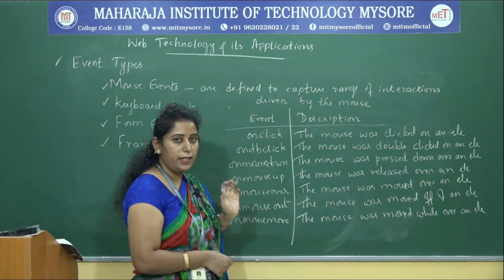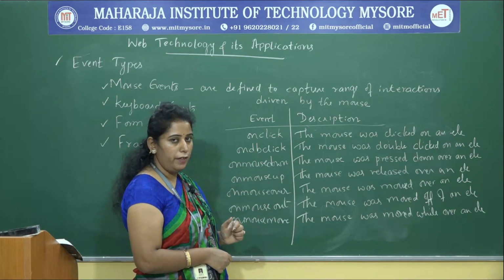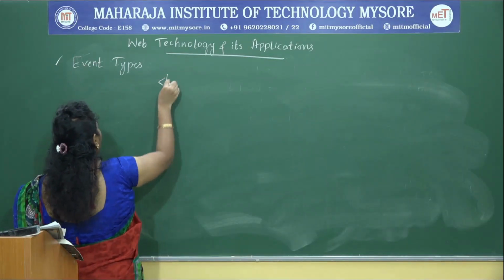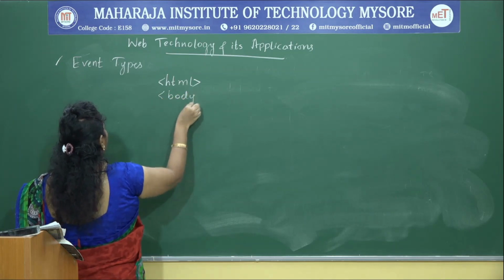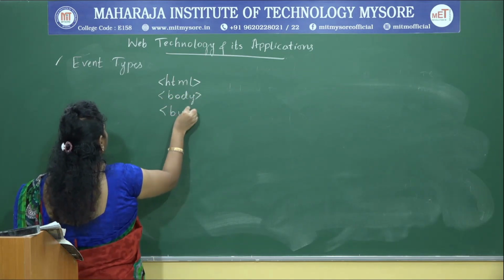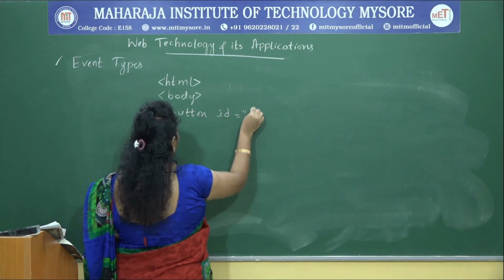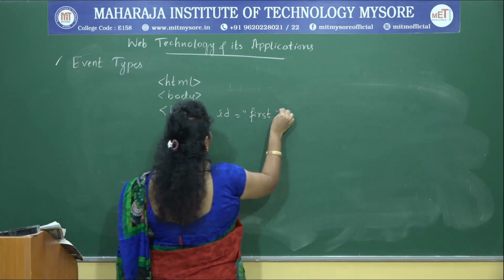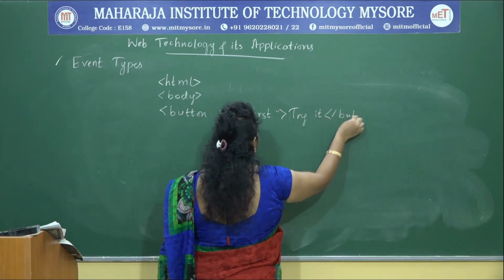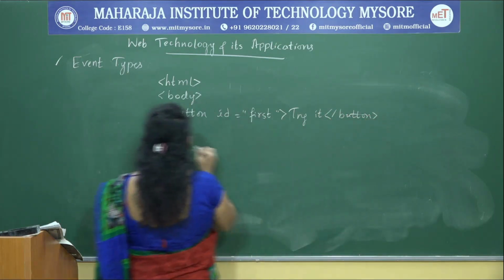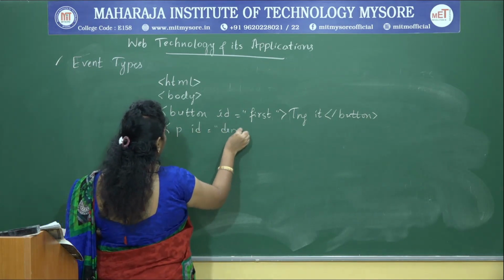Let us take up an example by making use of these mouse events. HTML body, there, a button with ID equals first, try it, as the label. Now we will take one P element with ID demo.